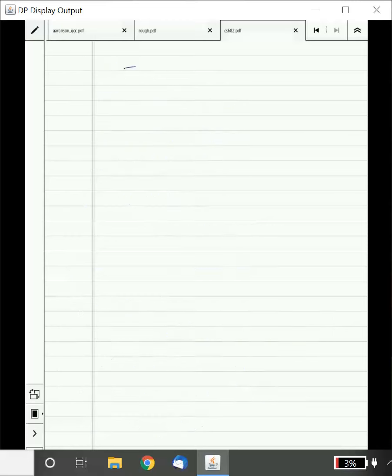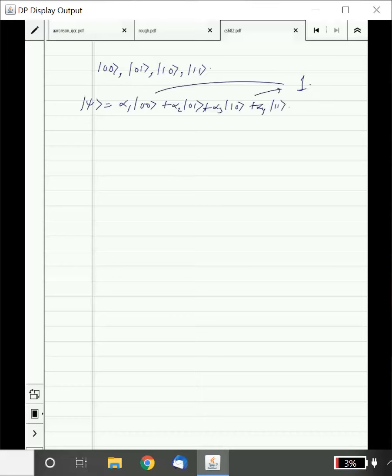If I want to talk about the basis, then one of the bases will correspond to the classical states, and then any state of two qubits would look like this. Again, the square of the amplitudes should sum up to 1 because it has to be a unit vector.